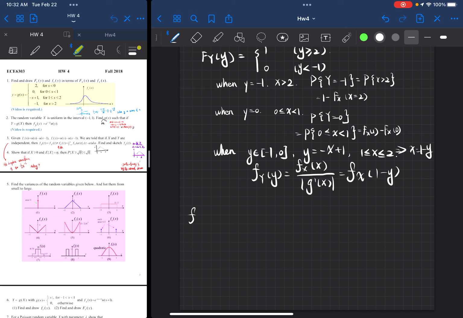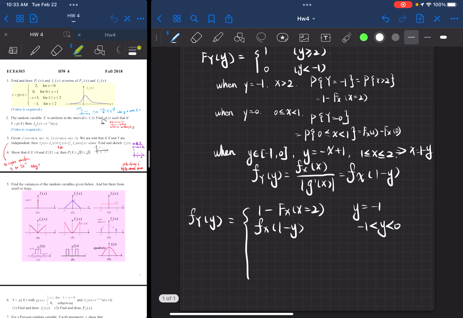It equals 1 minus the distribution function of x at x equals 2 when y equals minus 1, and it equals the density function of x at 1 minus y when y is from -1 to 0.